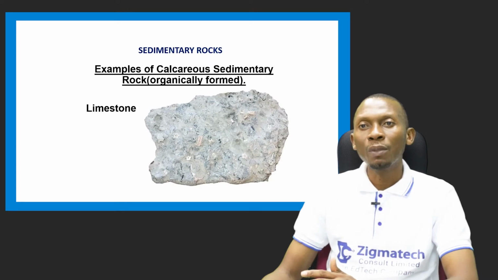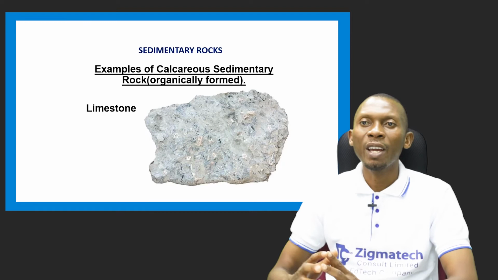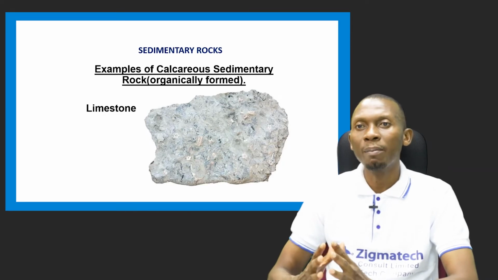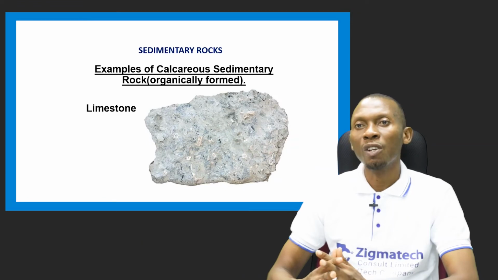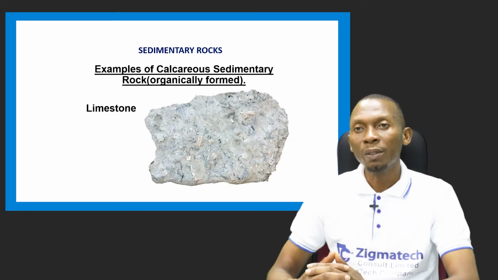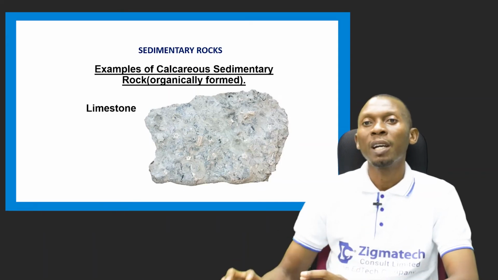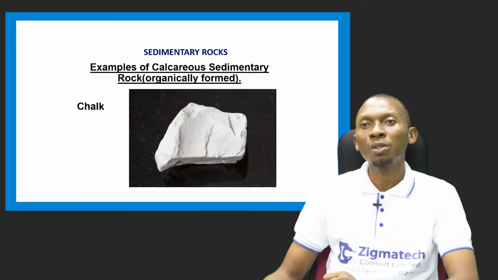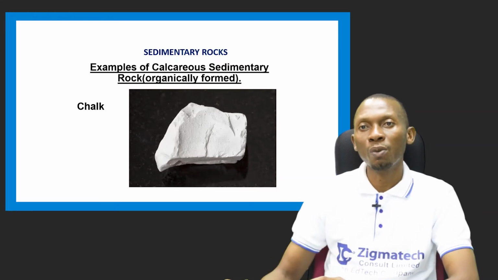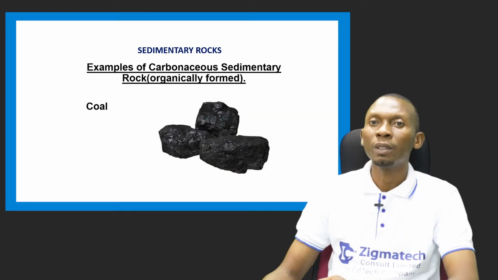We have limestone, which is a calcareous sedimentary rock. That means it's formed from the remains of living things, which are plants and animals, or the shells of fish. Then we also have chalk, which is another calcareous sedimentary rock that is organically formed.